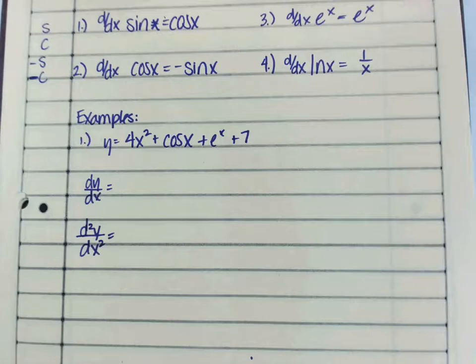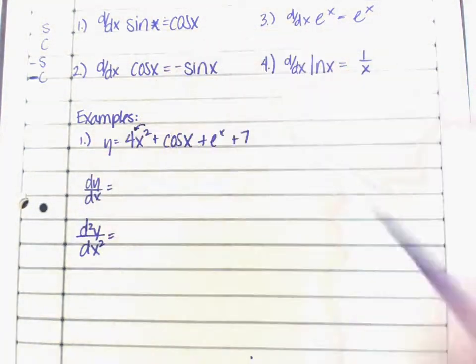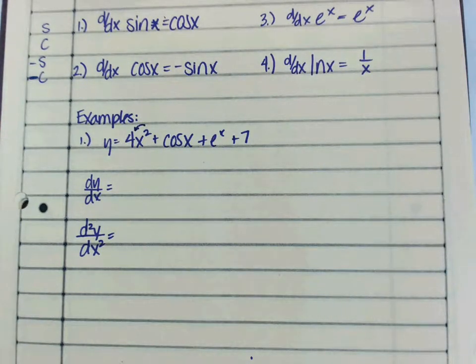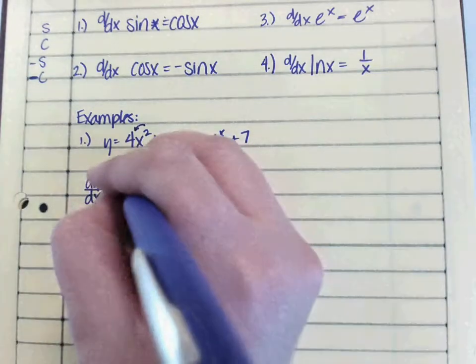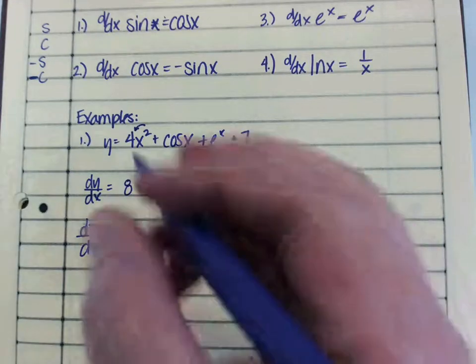So dy dx is the same as what? The derivative, or y prime. Perfect. Okay, so if I wanted to take the derivative, we learned power rule yesterday, you're going to times the 2 down. 2 times 4 is what in the front? 8. And then x was squared, so when I take it down a notch, now it's x to the 1.